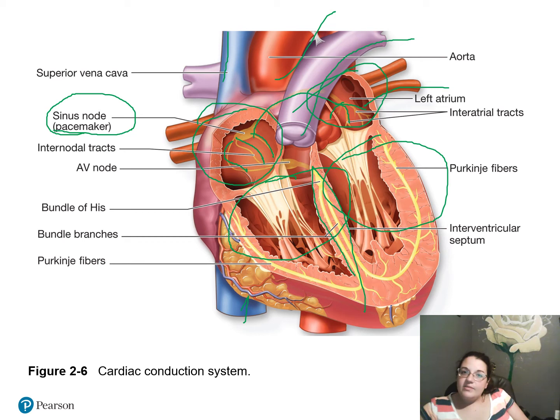From there, my impulses need to reach the AV node, which is right here. Then my AV node sends that electrical impulse to the bundle of His, which then branches off into right and left branches and ends up on these little root systems down here known as your Purkinje fibers.